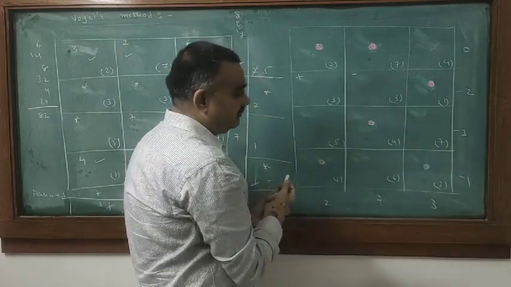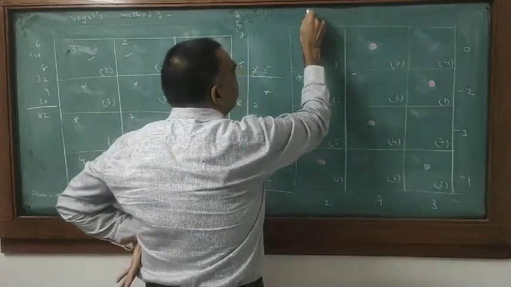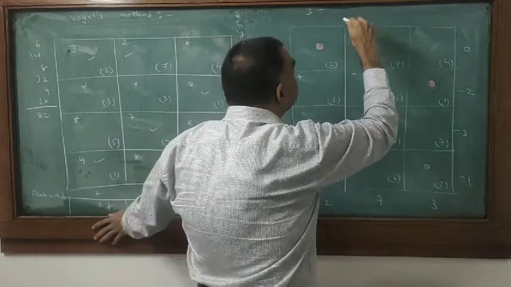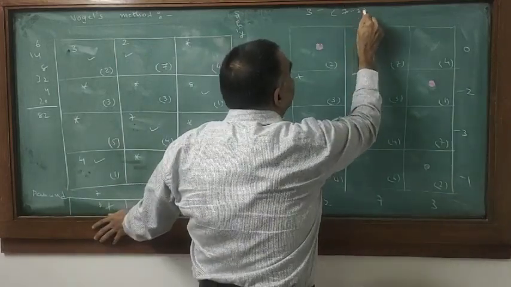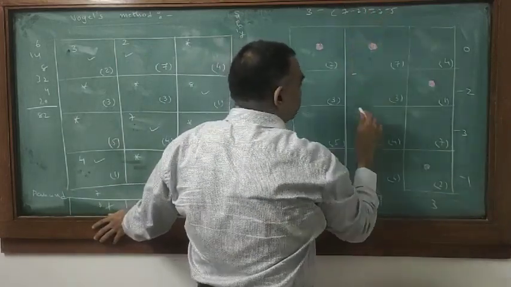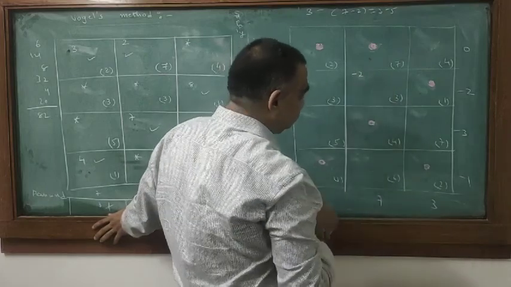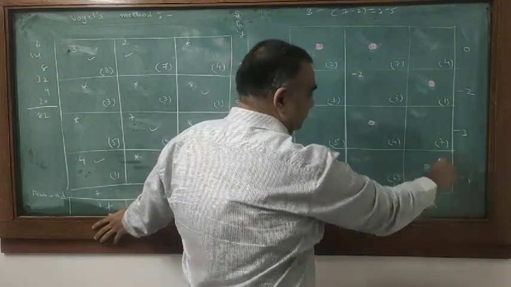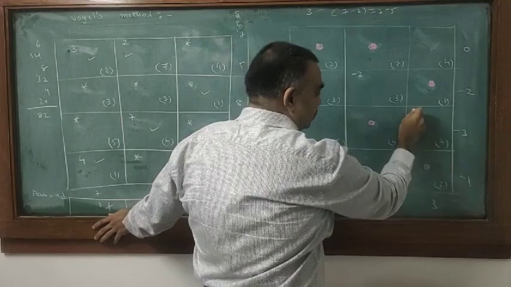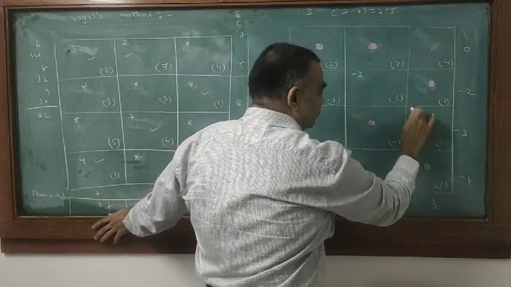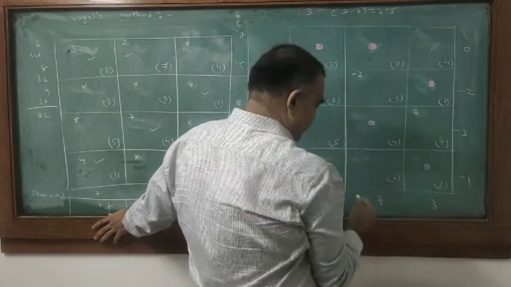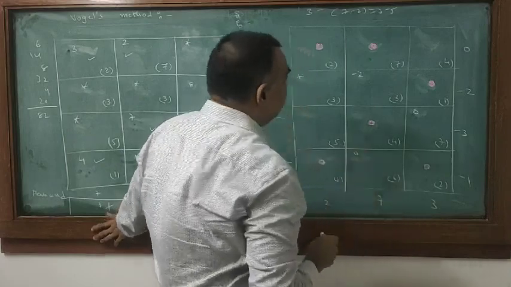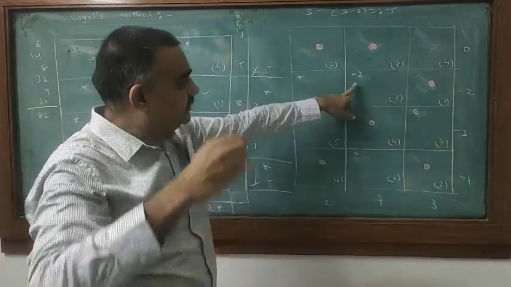Oh, this is negative. See here, 3 minus. So it is minus 2. 0 means it is okay. And here it is 0. So no problem. We want theta here.